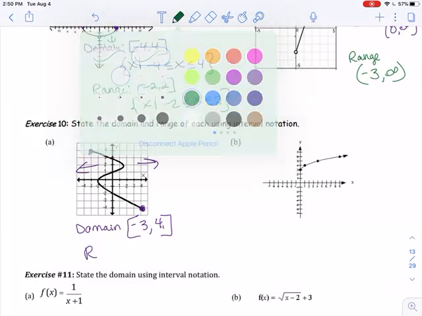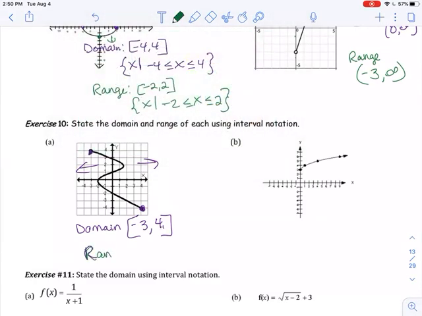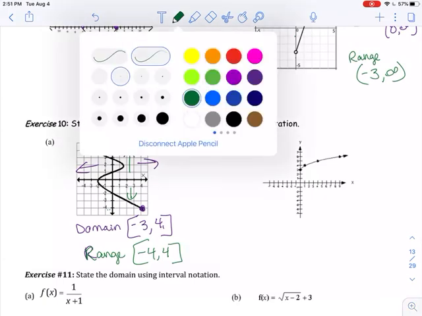I am including those numbers. My range are my y's, that's my up and my down. The lowest y value is right here at -4. And the highest y value is right here, again at +4.